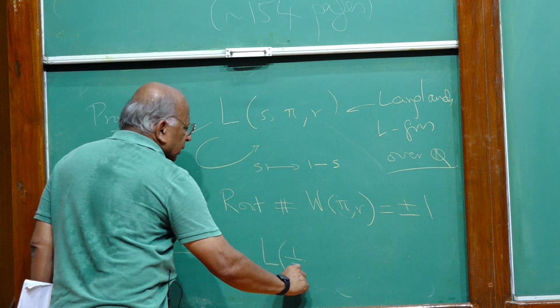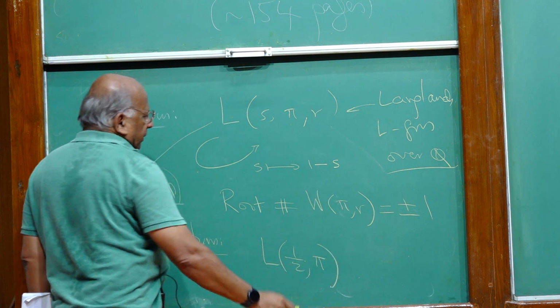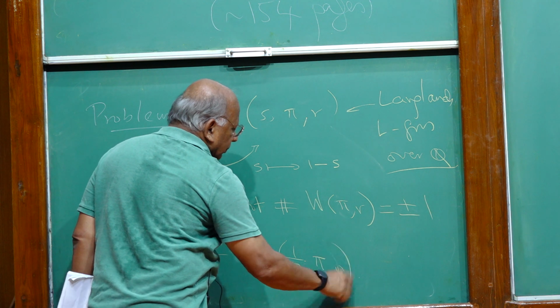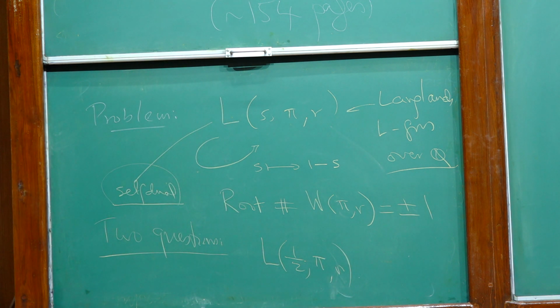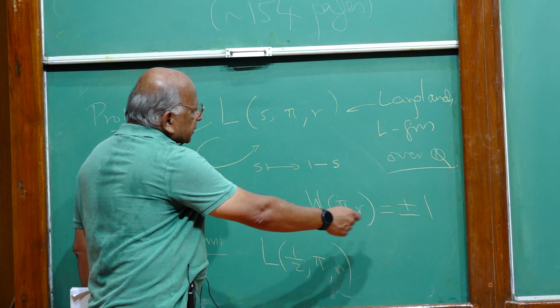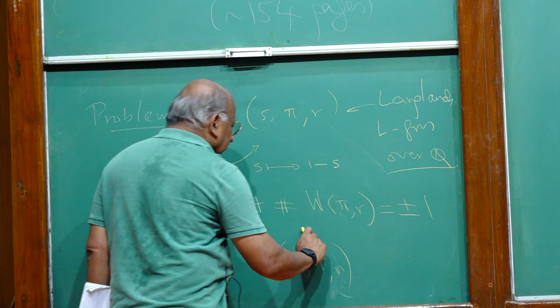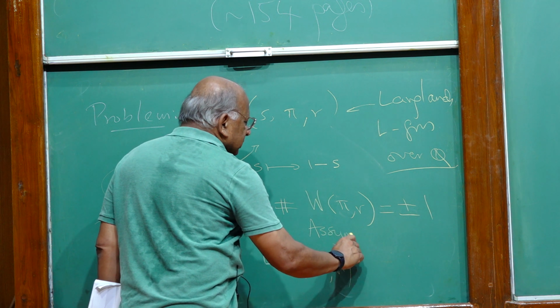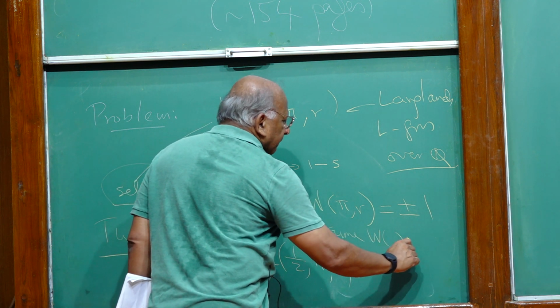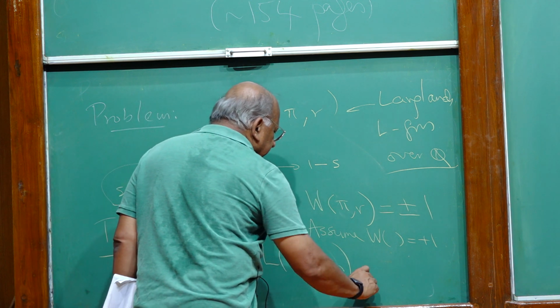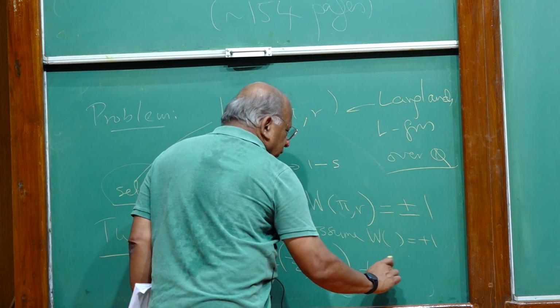What can you say about L(1/2, π)? If the root number is minus 1, of course it will always vanish. So let's assume that the root number is plus 1. Then you want to know when L(1/2, π) will be non-vanishing for many π.